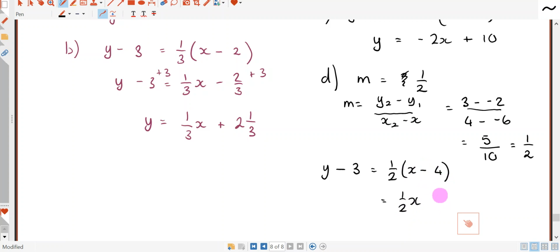What's a half times minus 4? 2. Or negative. Negative 2, good. We've got y, so now we've got to add the 3 on, and we end up with y equals 1/2 x plus 1.